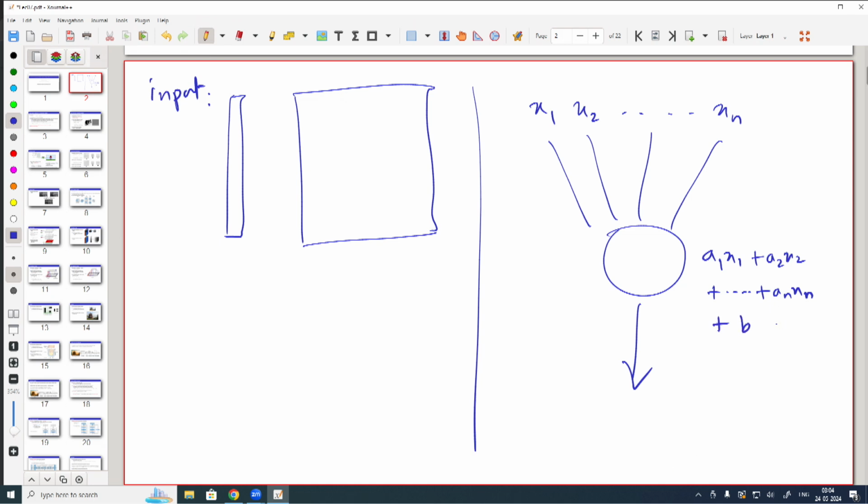If I consider this input as this vector x, then this is basically the value, say f of x. So this is a single neuron, it is computing this value. But actually neurons are not just linear things.